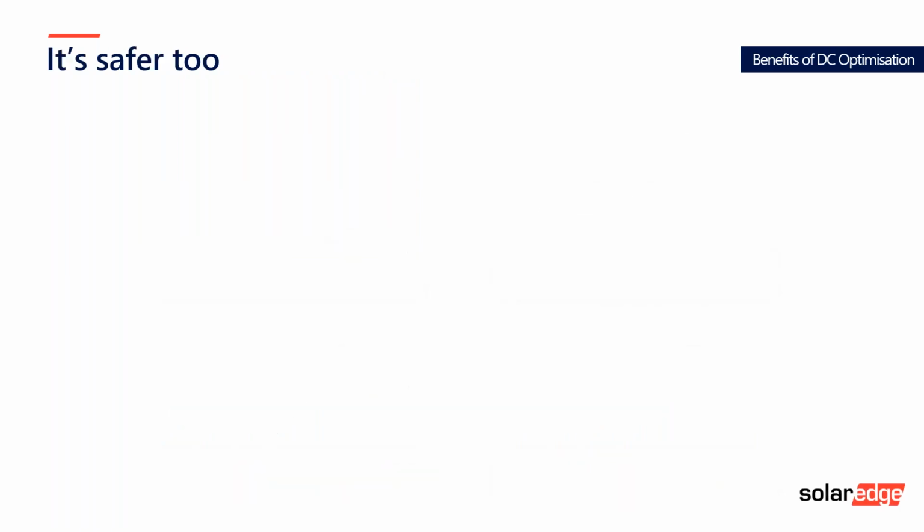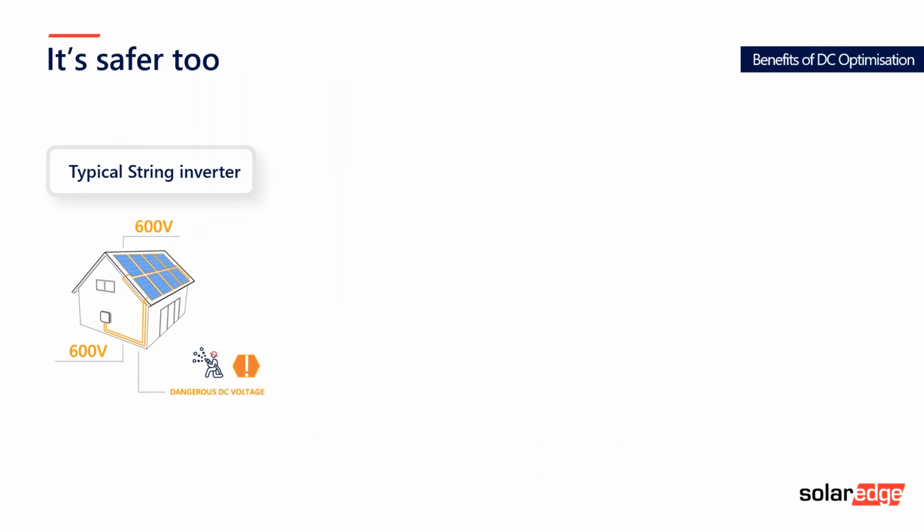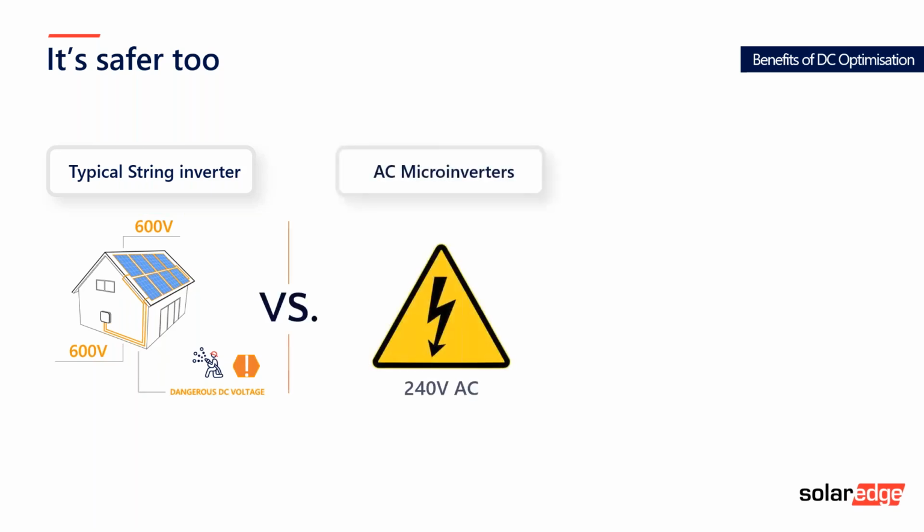It's also safer. I think we all understand that with typical string inverters, if there's a fault condition with the inverter or the grid, the sun's out, those DC wires are live with very high direct current voltages. Microinverters do have an advantage. They're up on the roof, so should there be a fault with the inverter or the grid, they're safely tucked away underneath the panel.